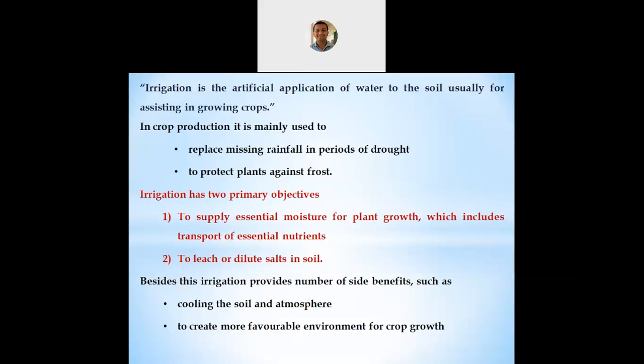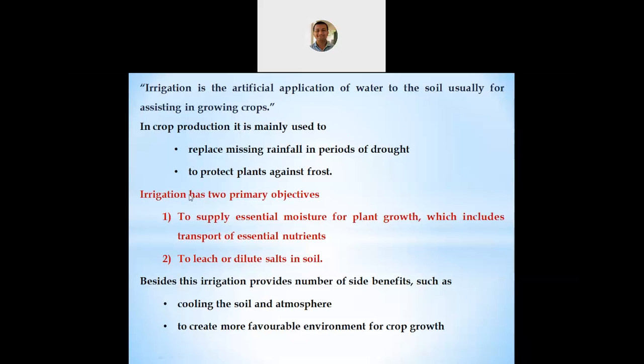Now, basically we apply irrigation to replace the missing rainfall periods or the drought period, to prevent the yield loss, to prevent the plants from going under stress, and sometimes to protect the plants against frost.